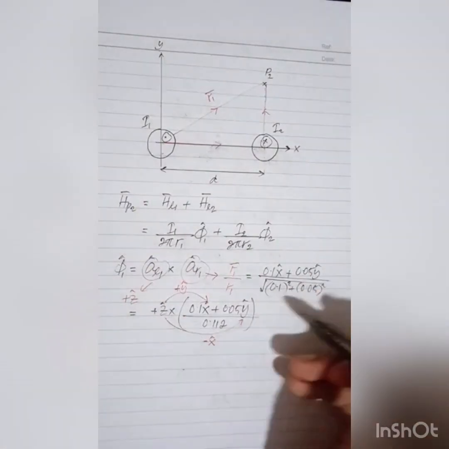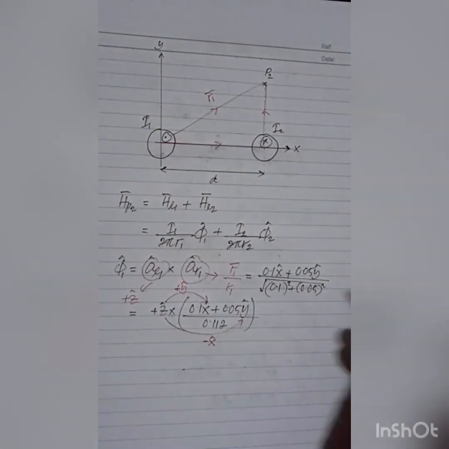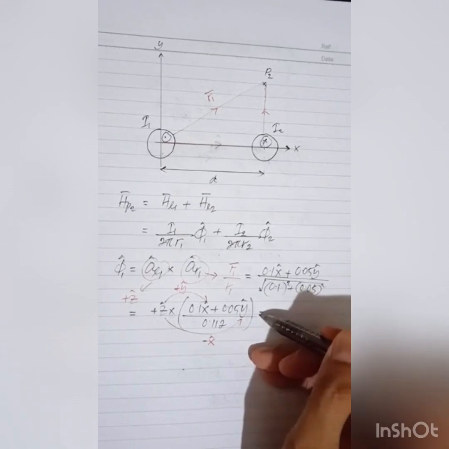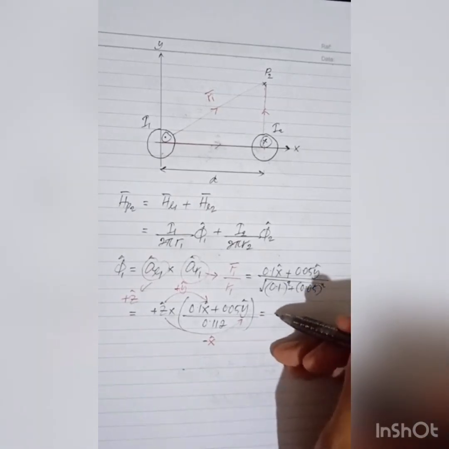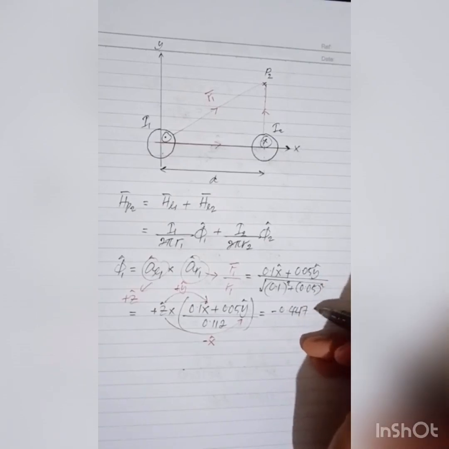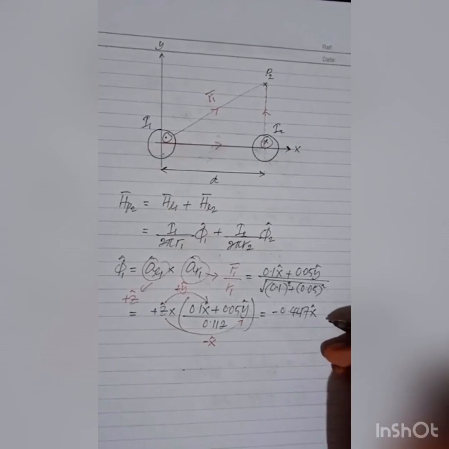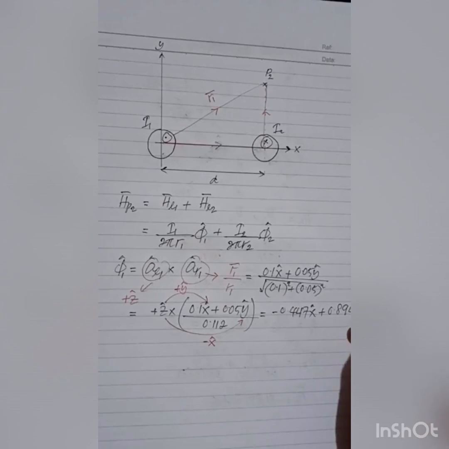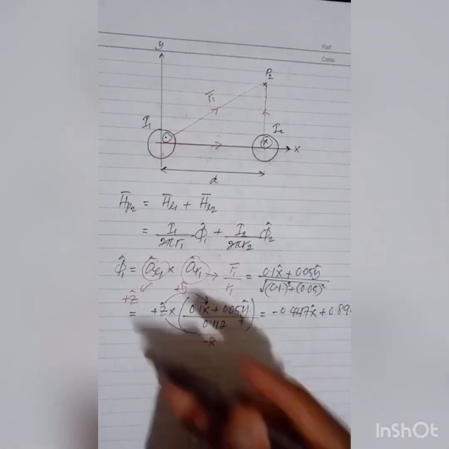After you perform the cross product, you get about negative 0.447 x component plus 0.894 y component. That's done for the first phi 1.